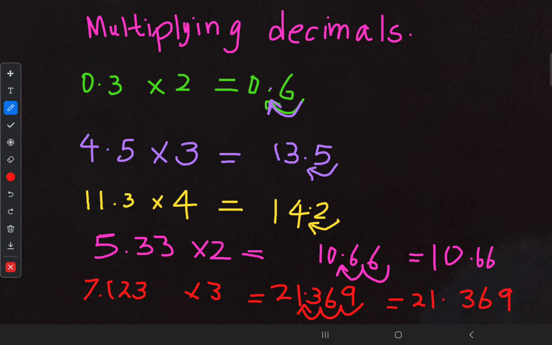I'll repeat once more what we did here. While you are multiplying a decimal value with another number, that might be a decimal number or not, that's not a problem. 0.3 multiplied with 2. Only multiply the numerical values. If you consider the decimals here, that will give you a headache.